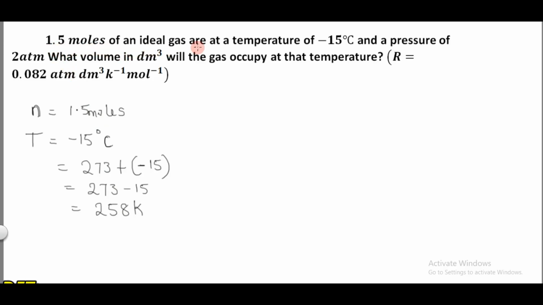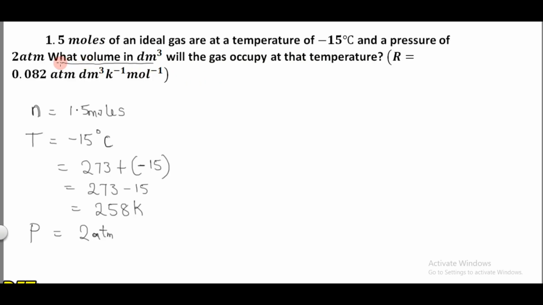So back to the question. 1.5 moles of an ideal gas are at a temperature of minus 15 degrees Celsius and a pressure of 2 atm. So the pressure P is equal to 2 atm, 2 atmospheric pressure. What volume in dm³ will the gas occupy at that temperature?